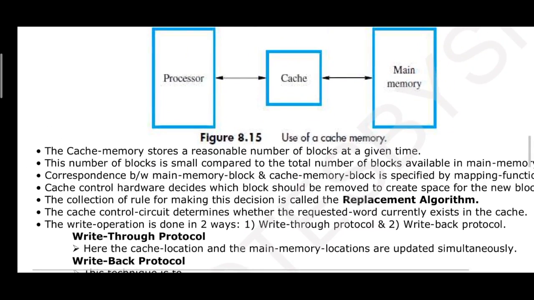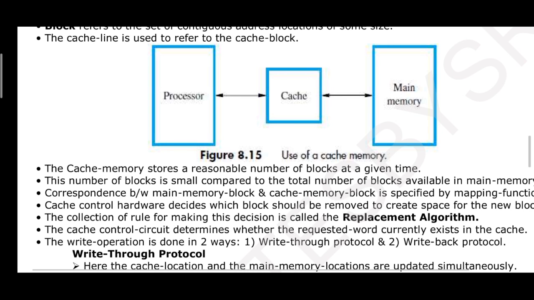Another important topic with respect to cache is the write through and write back protocol. Read and write are the two types of operations we can perform on a memory. For the first time, if the data is not available in the cache, the data will be referred from primary memory.